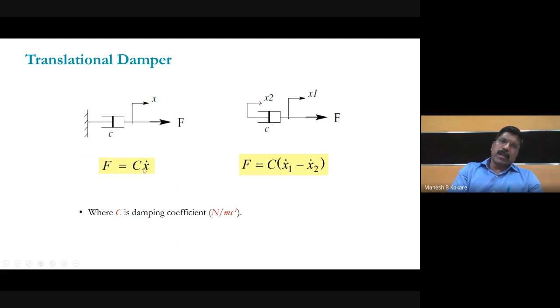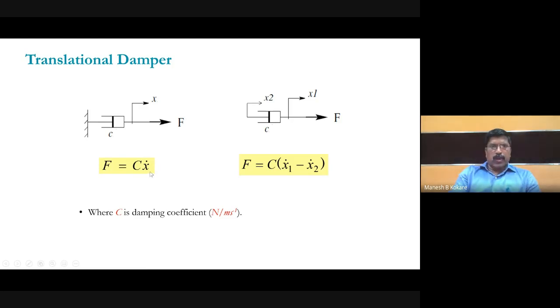If the coefficient of this dashpot is c, then F is equal to c into the derivative of x, which is nothing but the velocity. x dot is the velocity. If both ends are open, then F is equal to c into (x1 dot minus x2 dot), the velocity at x1 and the velocity at x2. So this is the mathematical equation of the damper.